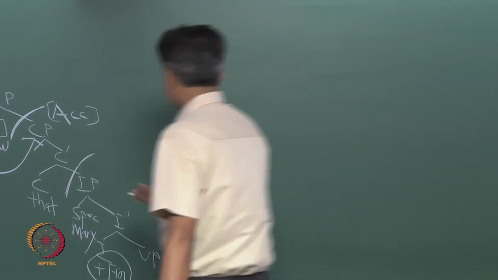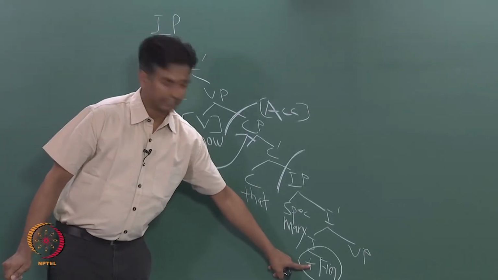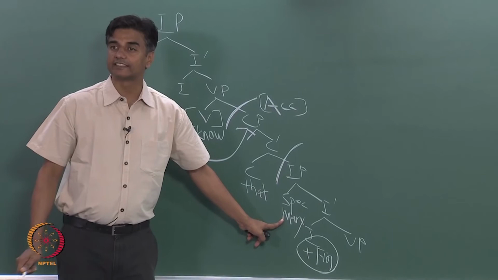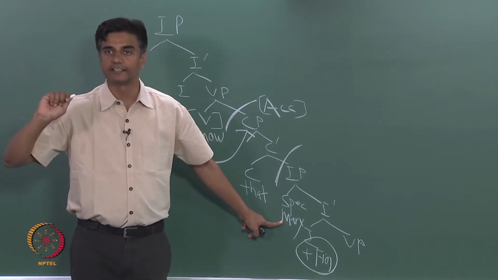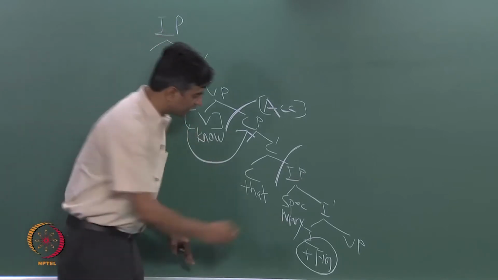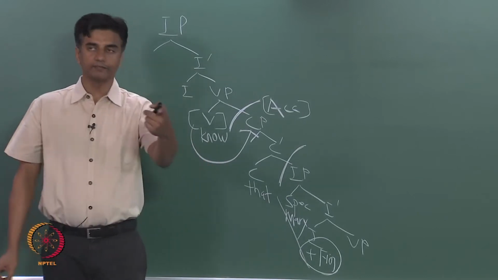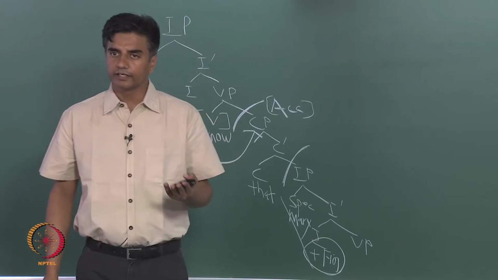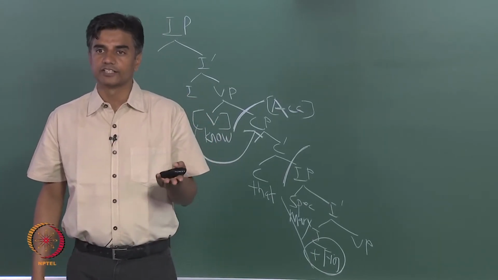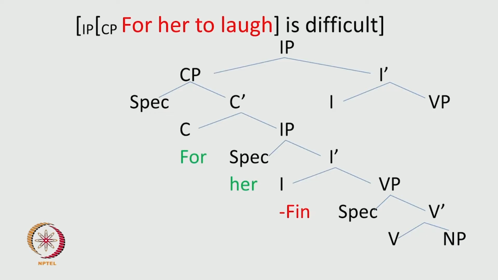See, in this case, I is a finite I, right? Therefore, it assigns nominative case under whatever modifications and patches that we have discussed. So, this is okay. This configuration is okay. No problem. But in this one, we have her, which is clearly an accusative case marked NP, and the I below is a non-finite I. Right?